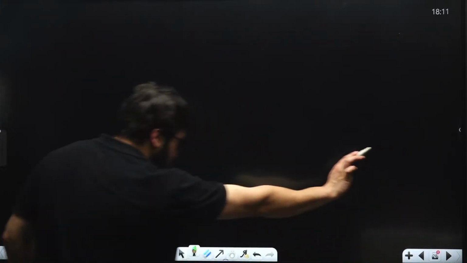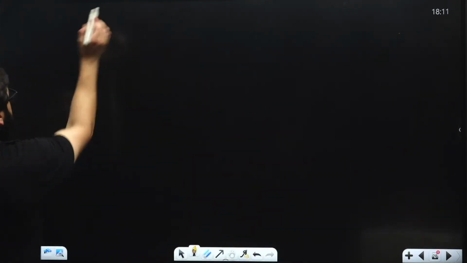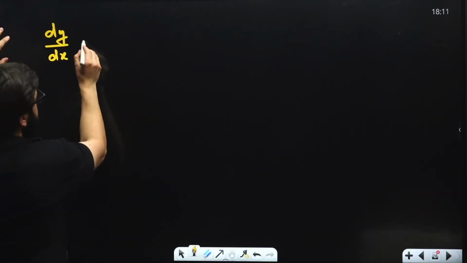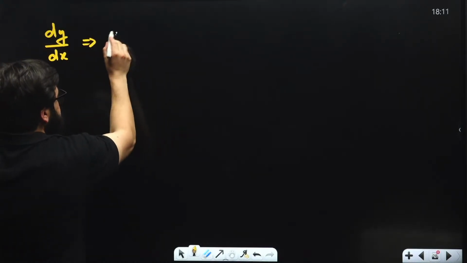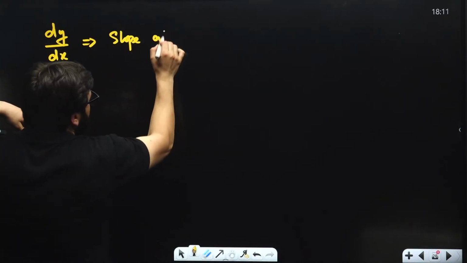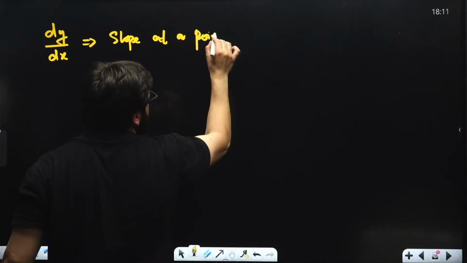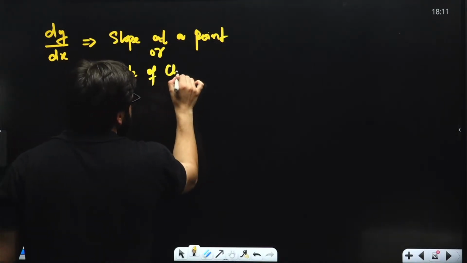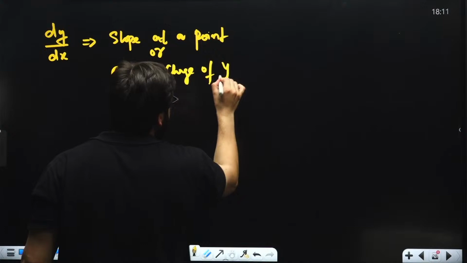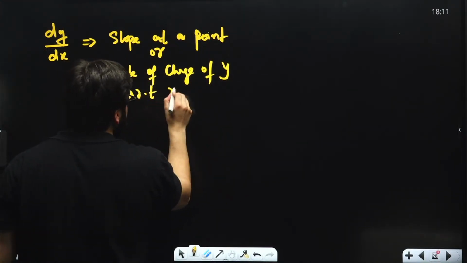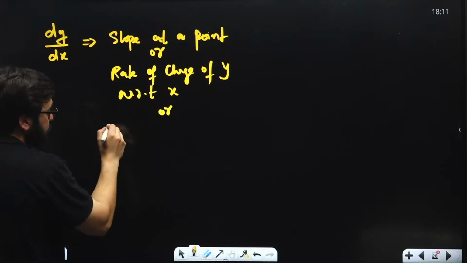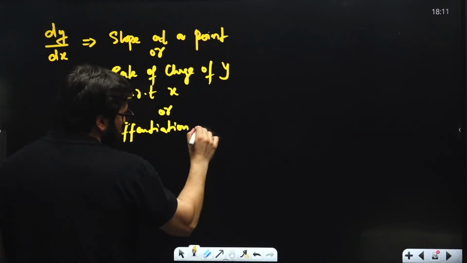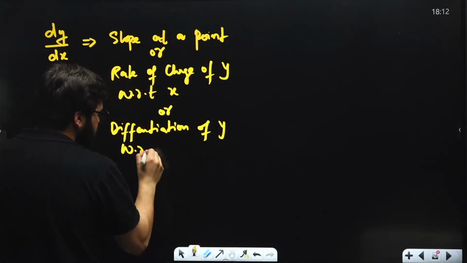Now, guys, remember from now onwards. If I say dy divided by dx, it is either slope at a point, or rate of change of y with respect to x, or differentiation of y with respect to x.